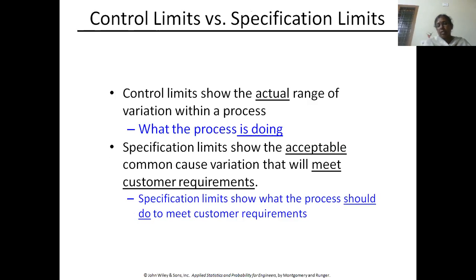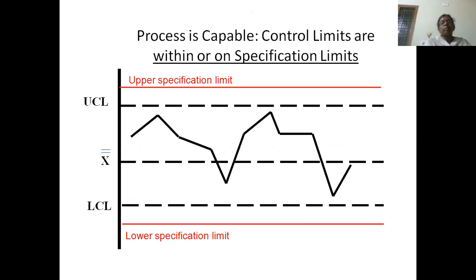Here the red lines are the upper and lower specification limits. The dotted lines are the upper control limit, lower control limit and central line. Here the process is capable because the control limits are within the specification limits. Whenever the control limits are within or on the specification limits, we say the process is capable.